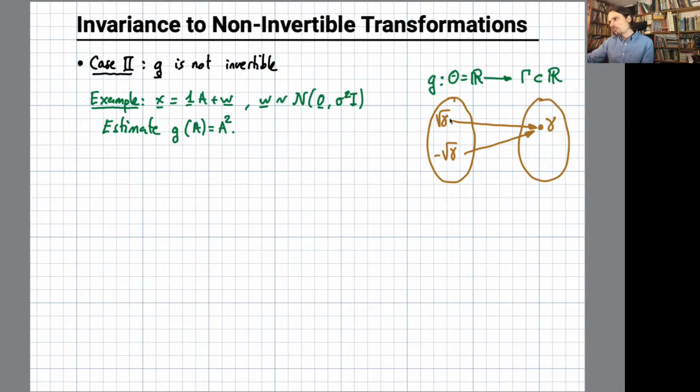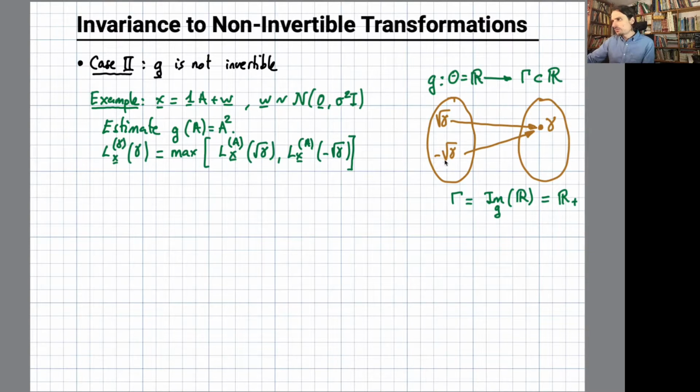Therefore, more than one value of the parameter maps into the same value of gamma, okay? So observe that here the parameter space contains all reals, but the image gamma contains only the non-negative real numbers.